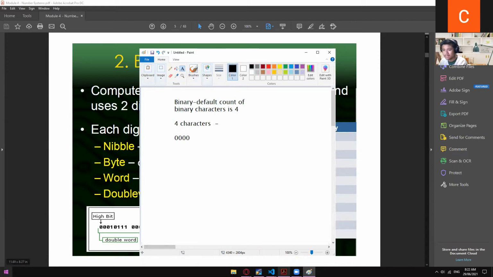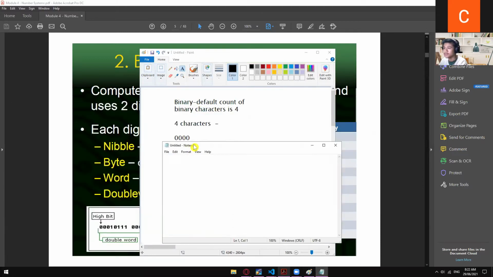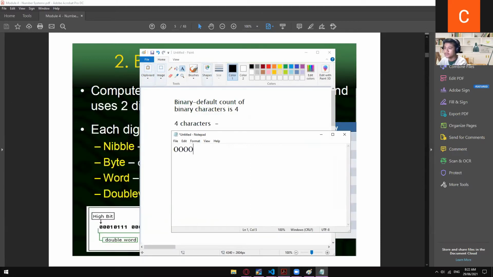I guess it's a lot easier if I just use Notepad. Let's have this 0, 0 right here, and in decimal, this one is 0. Maybe it's better if decimal is right here and the binary combination is on the right side.